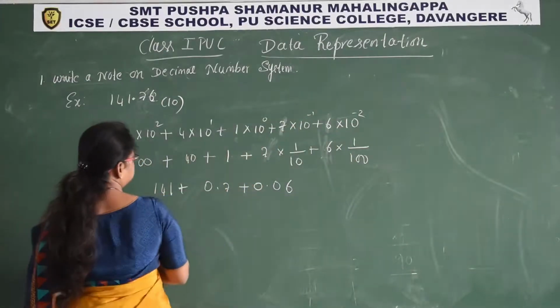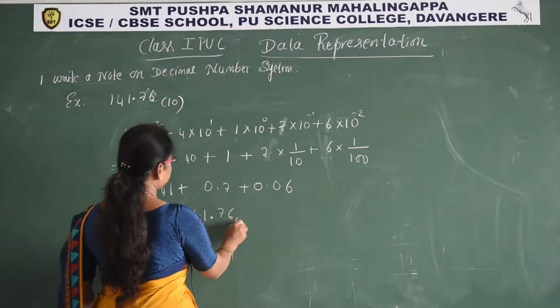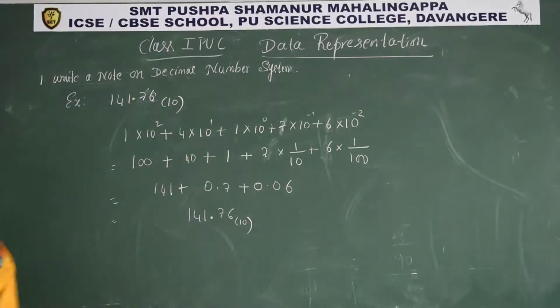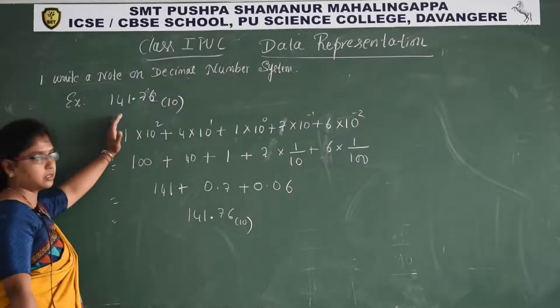Then 141.76 base 10. So in this way you have to write the explanation about the decimal number system, and you have to write the expansion form of the given example.